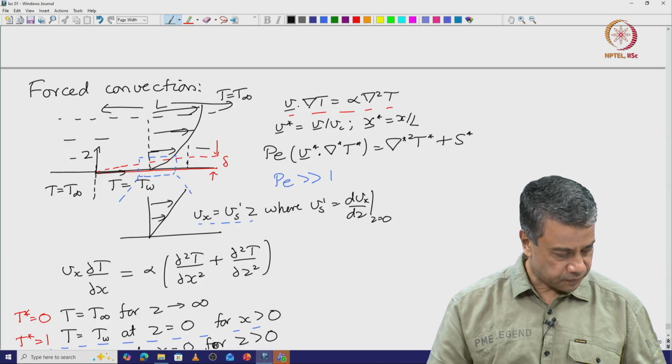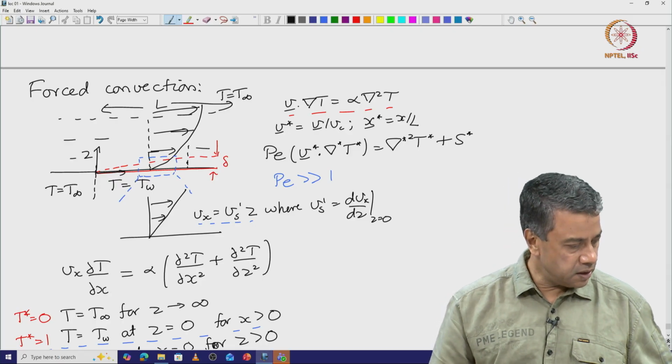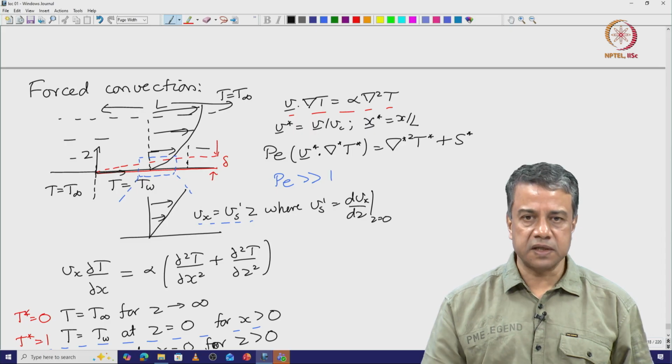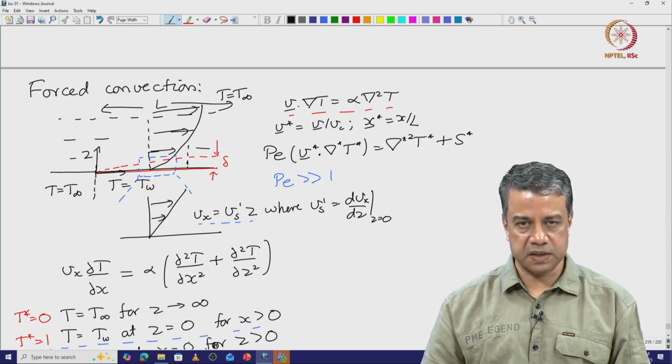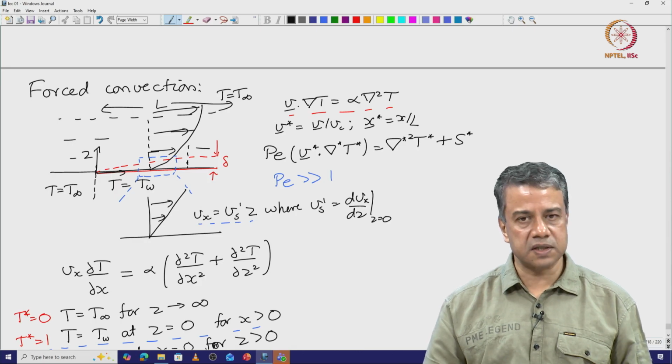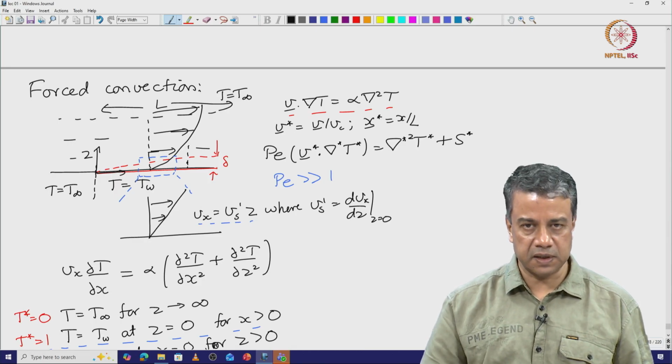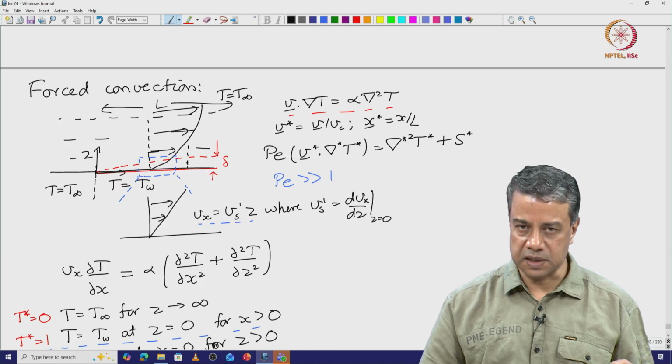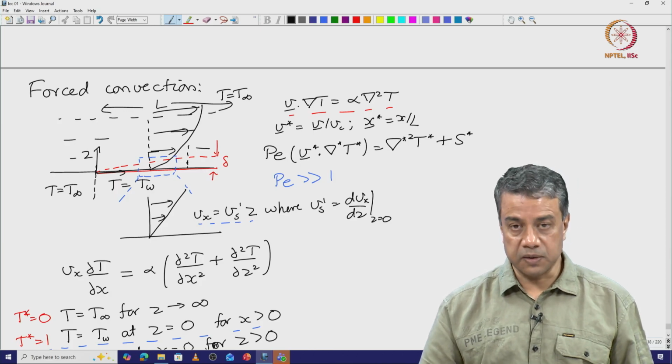Since convection is downstream and convection is fast, there is no diffusion in the streamwise direction. Note that diffusion is an isotropic process. It takes place in all three directions simultaneously. There is no streamwise diffusion.